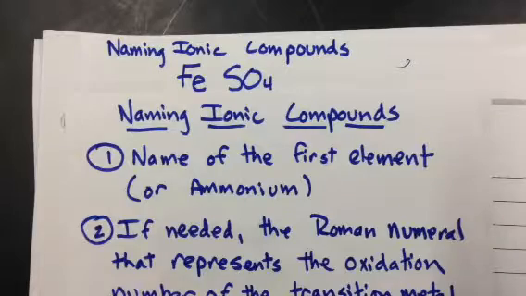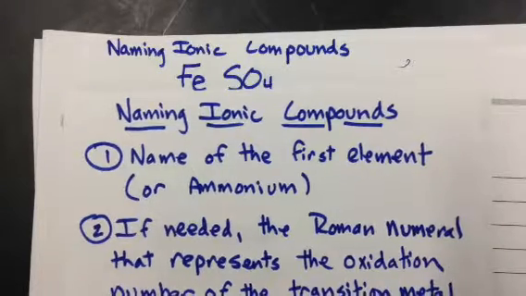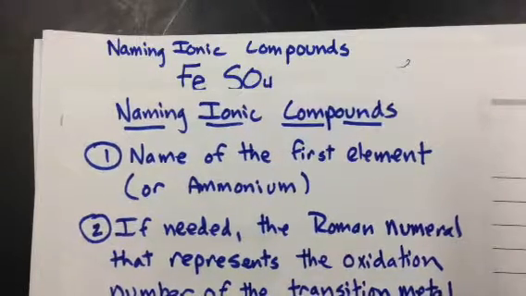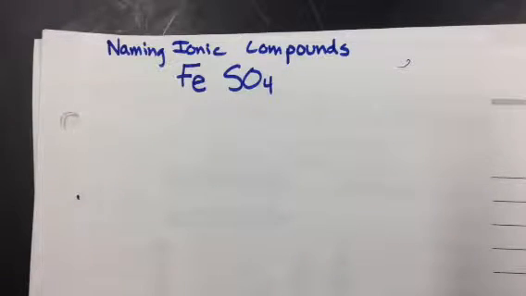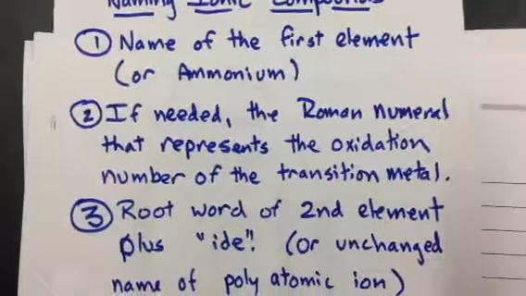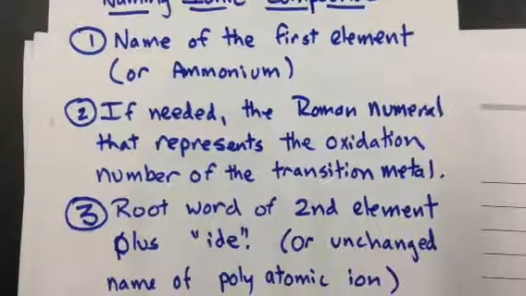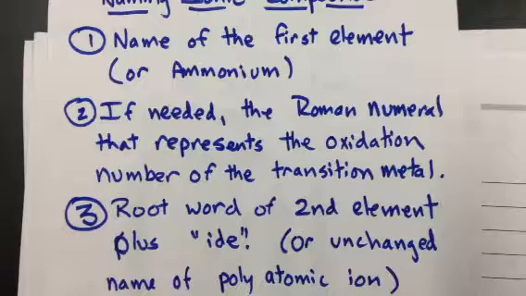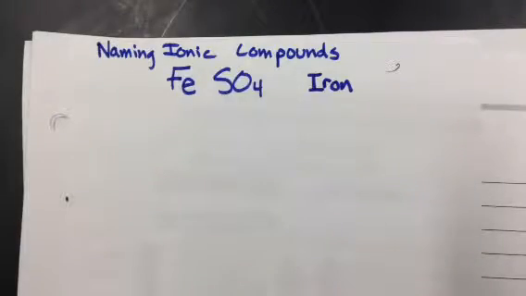So, name of the first element, or ammonium. Well, the first element, Fe, we know is iron. So we can write that right here: iron. If needed, the Roman numeral that represents the oxidation number of the transition metal.